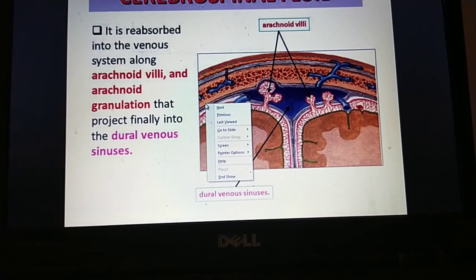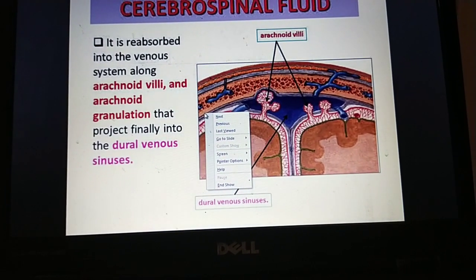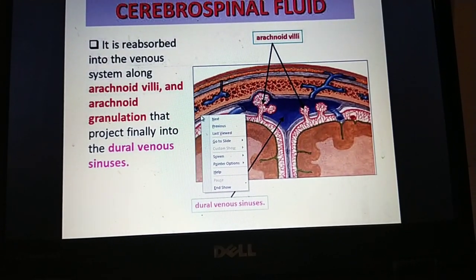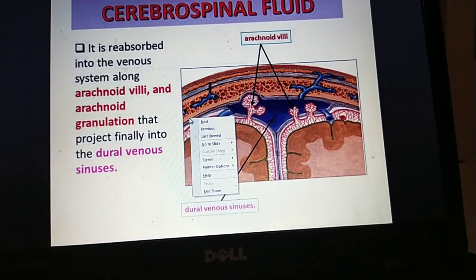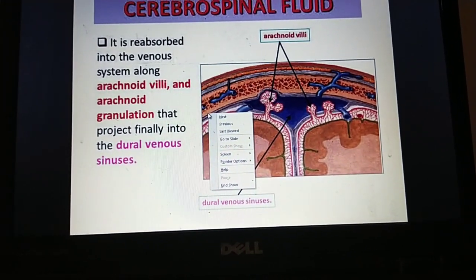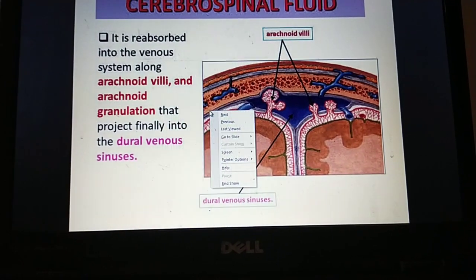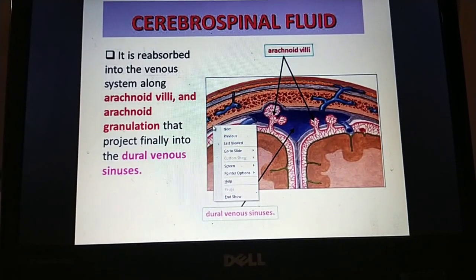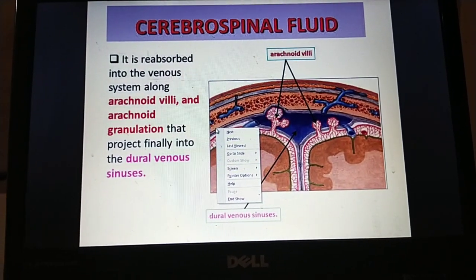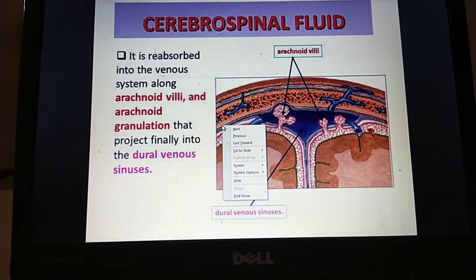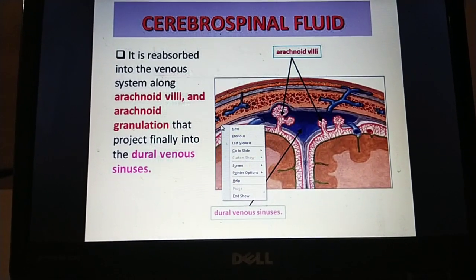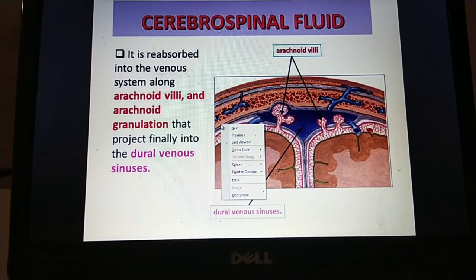This is how the CSF circulates. Its secretion varies between individuals, with adult production usually ranging between 400 to 600 ml per day. CSF is produced, but only about 150 ml circulates.